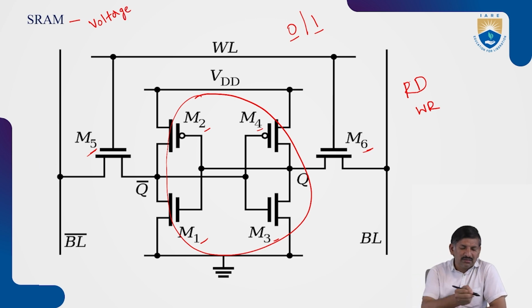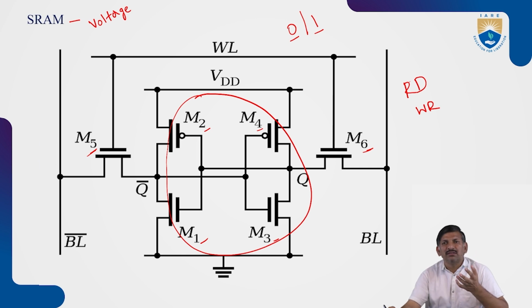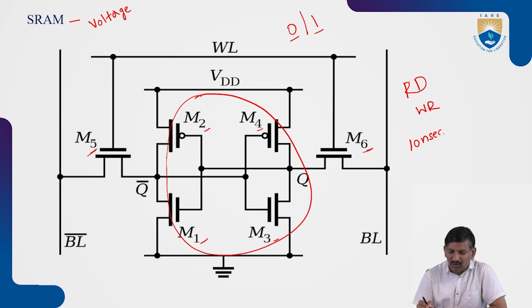The advantage is that SRAM takes less time, like 10 nanoseconds. If you want to access information from SRAM, it takes 10 nanoseconds, whereas if you are using DRAM, dynamic random access memory, it takes 60 nanoseconds.